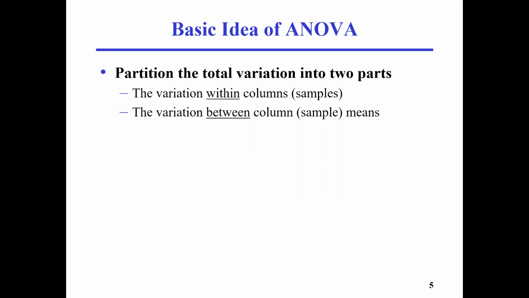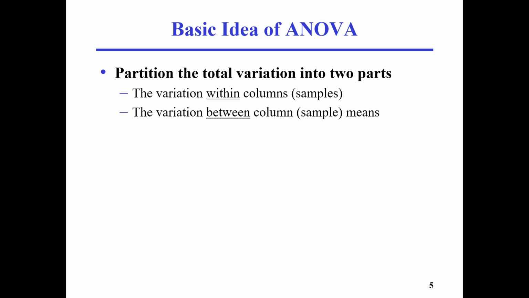Okay, let's start the second part of the lecture with the basic idea of ANOVA. The basic idea of ANOVA is the partition of the total variation into two parts. There are variations within each sample, and there are also variations between sample means.